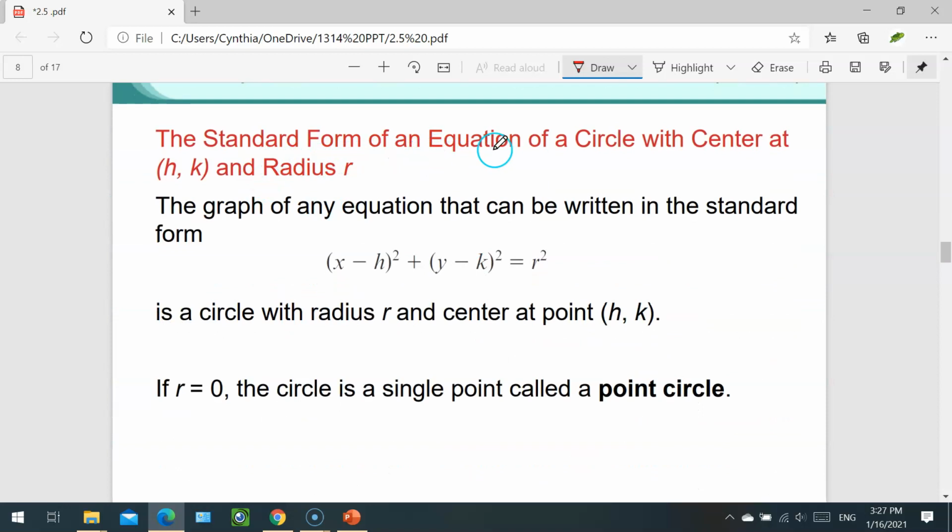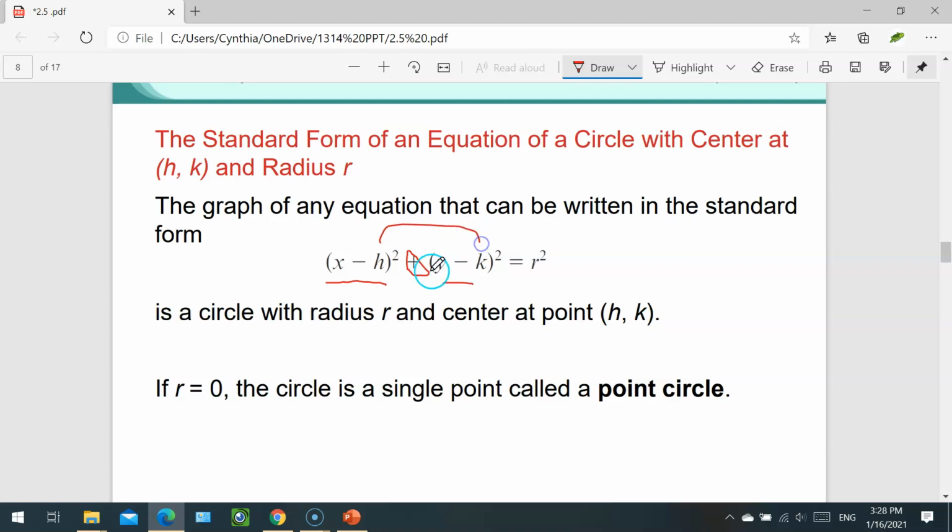The standard form of an equation of a circle with center at (h, k) and radius r: the graph of any equation that can be written in the standard form (x minus h) squared, plus, keep in mind the middle sign is a plus, (y minus k) squared, equals the radius squared, is a circle with radius r and center (h, k).